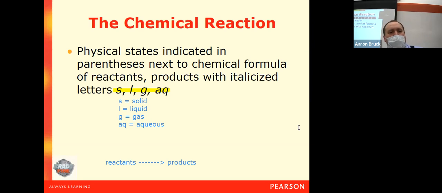So most of the reactions that we do involve materials that have been dissolved in water and are reacting in that dissolved state. And this is kind of an important one because, again, most of the stuff here on planet Earth is water.